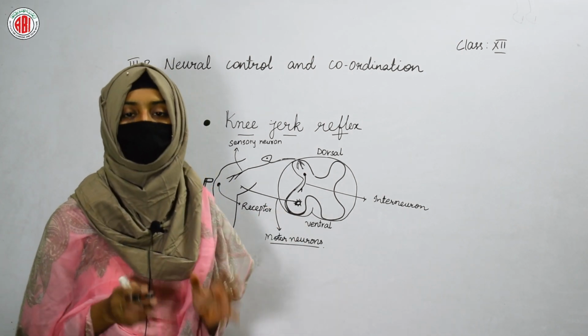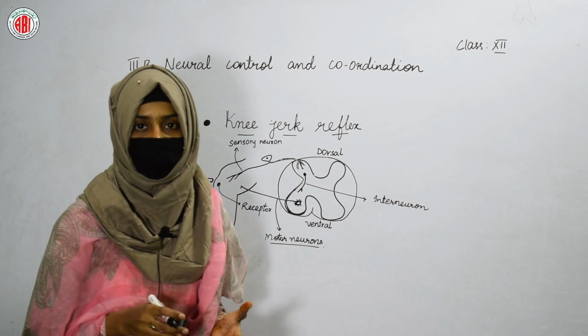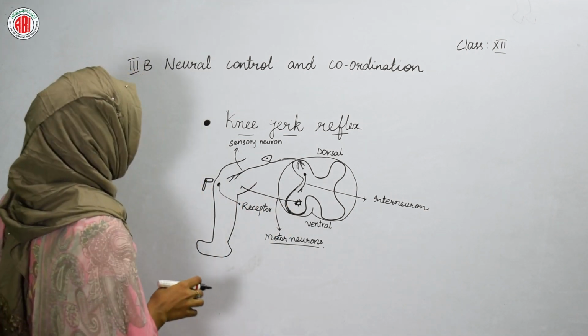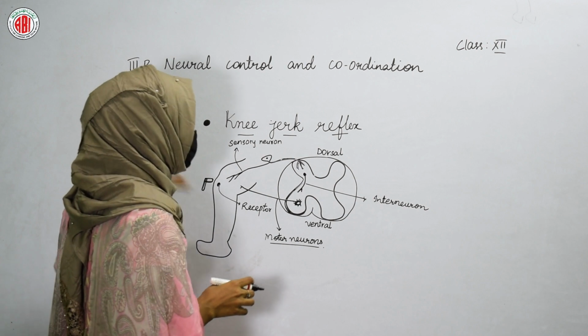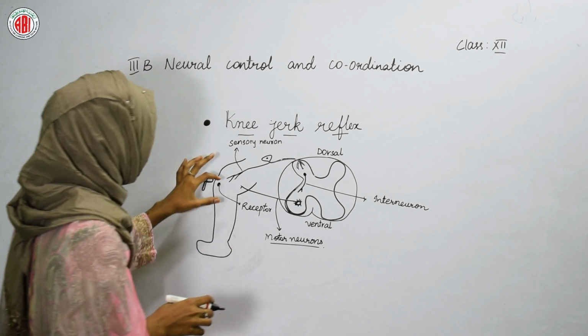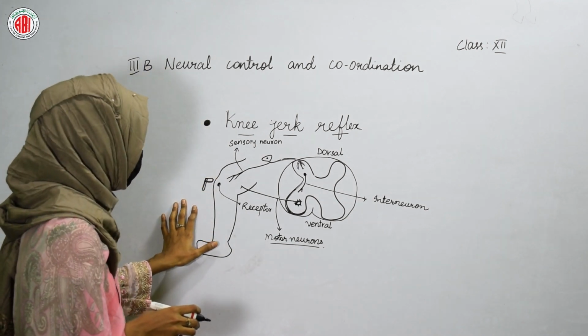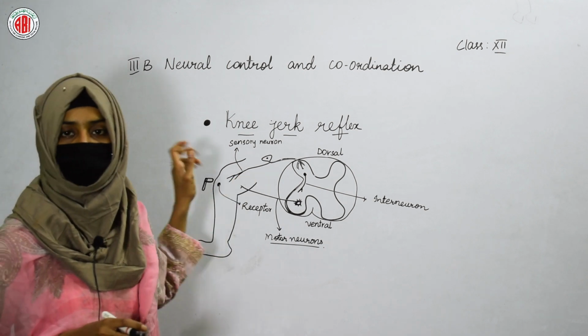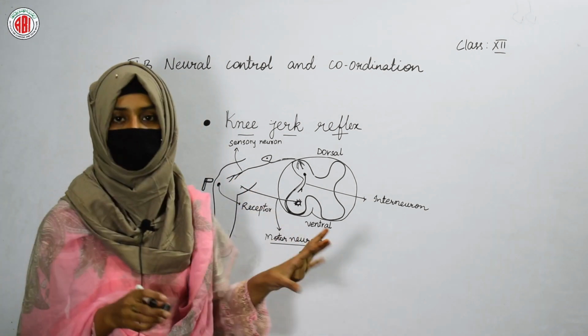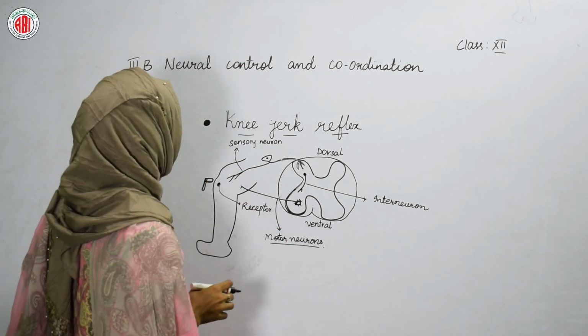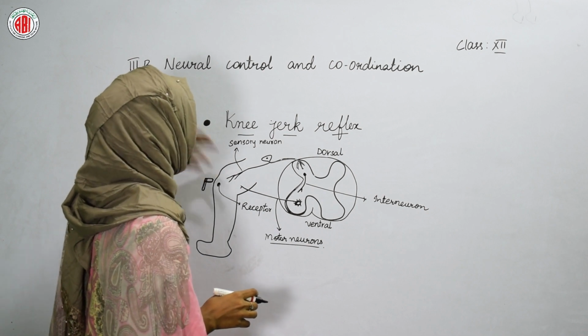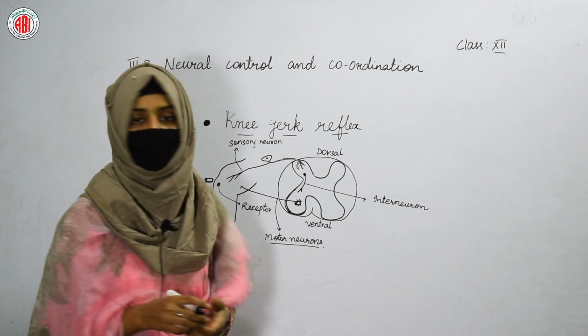This is how reflex responses can be provided by the different neurons. And here the receptors are also present. When you hit the knee of a person with a hammer, the receptors sense it, and that information is taken by the sensory neurons.